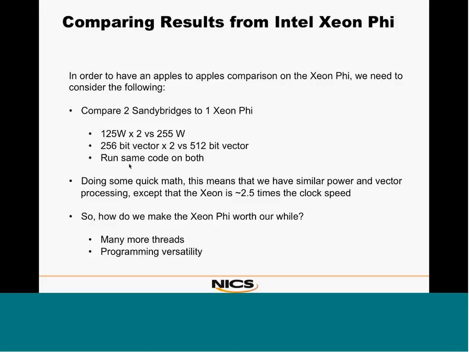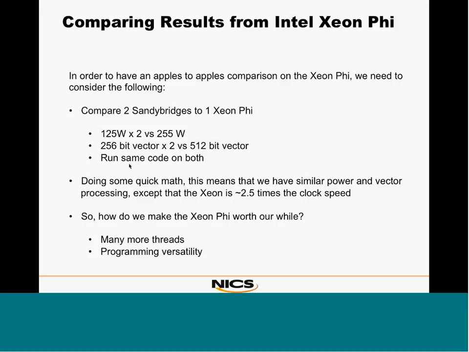Okay. So in order to make sure the hardware is comparable, we have two Sandy Bridges to one Xeon Phi. All right. Well, one, the power draw is about the same between the two Sandy Bridges, which on our system are 125 watts each, and one Xeon Phi on our system is 255 watts. All right.